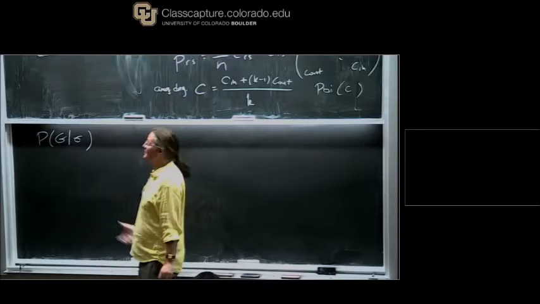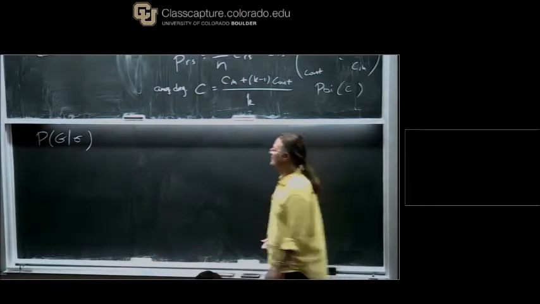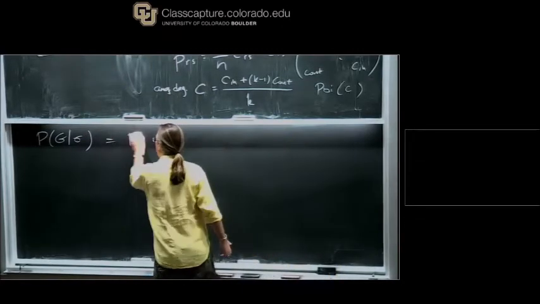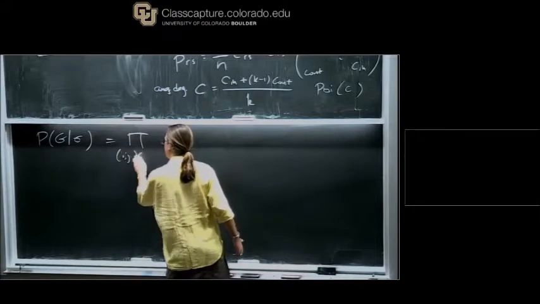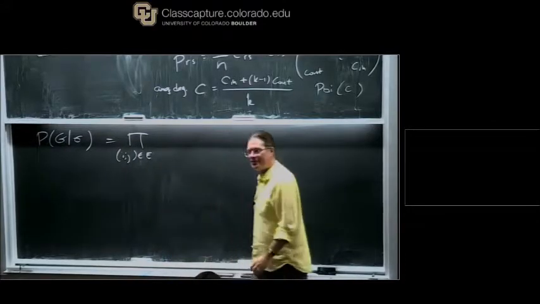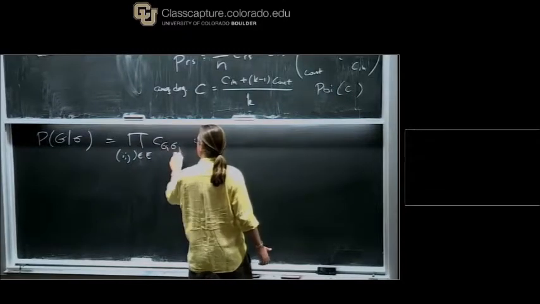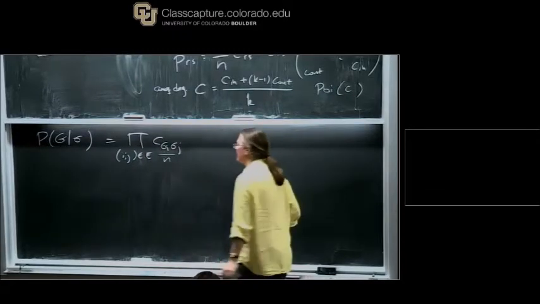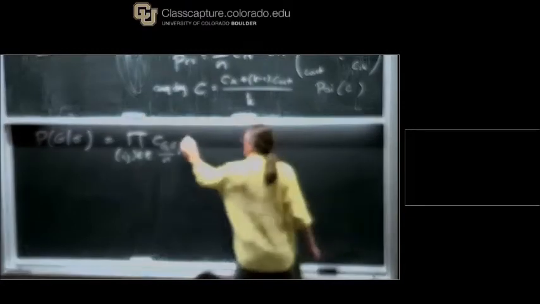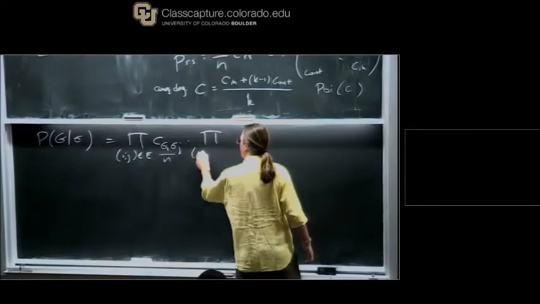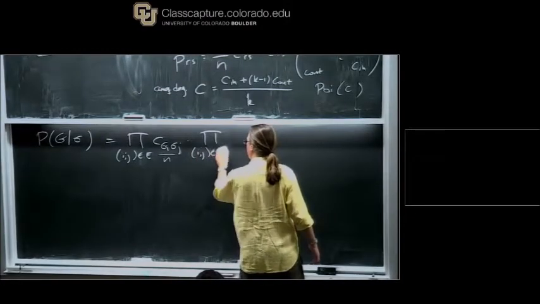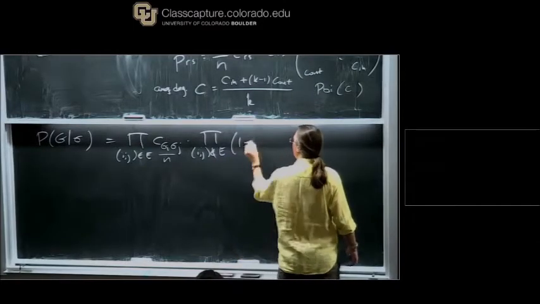Because by definition, this is just the product over all edges in the graph that exist of the probability that they exist, times the product over all the edges that don't exist of the probability that they don't exist.